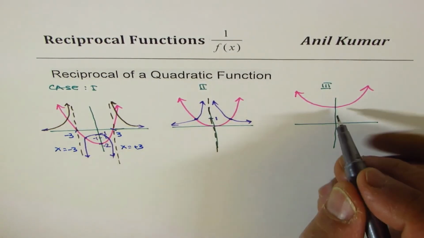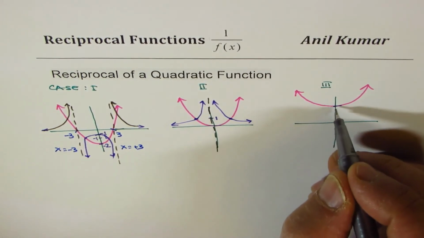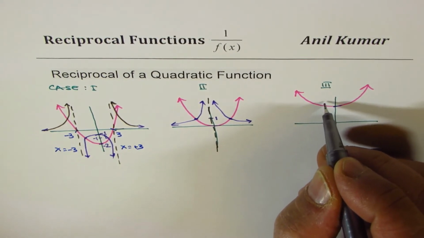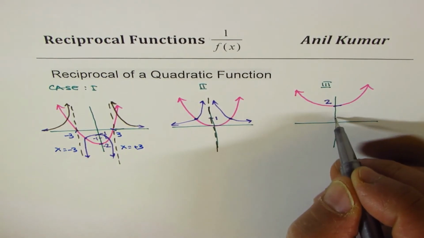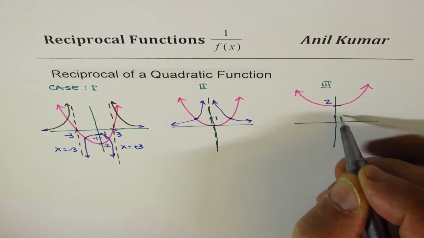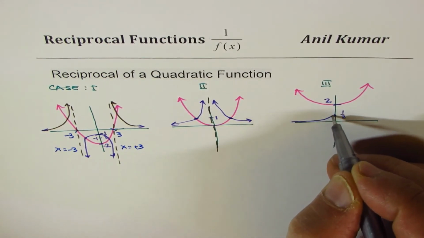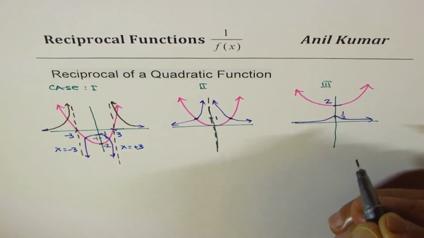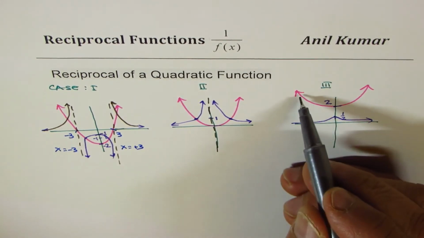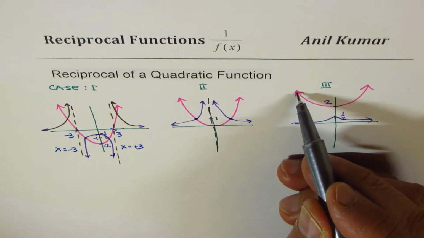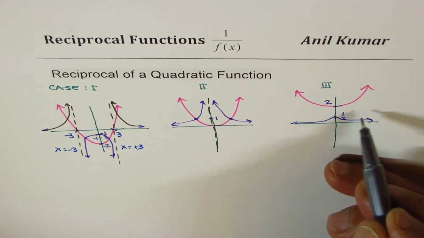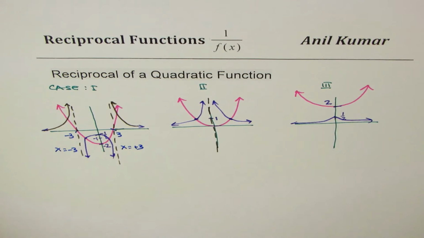Right? Now in this particular case, if I say that this value here is, let us say, 2, the reciprocal of 2 is going to be half. Let's call this half, and the function will be kind of like this. So as the value increases, the reciprocal value decreases. So this particular graph will not have any vertical asymptote.